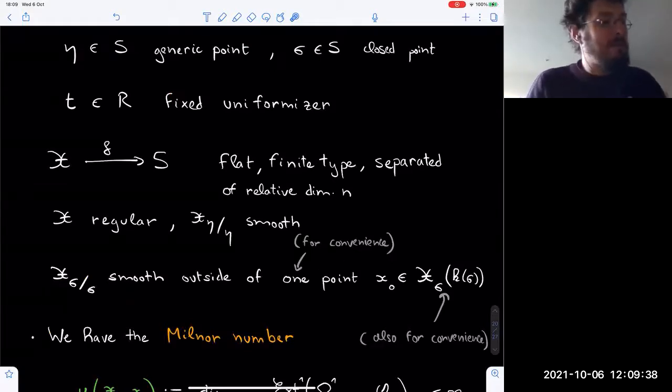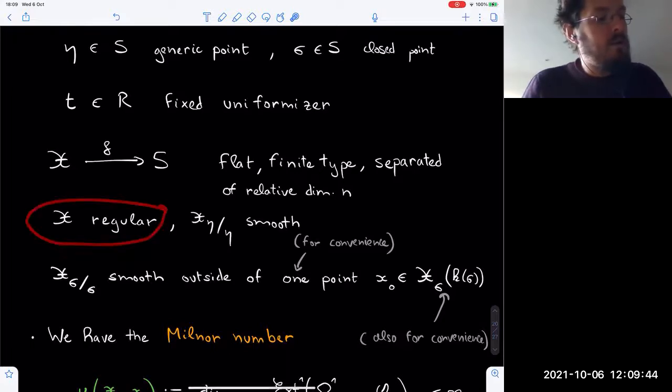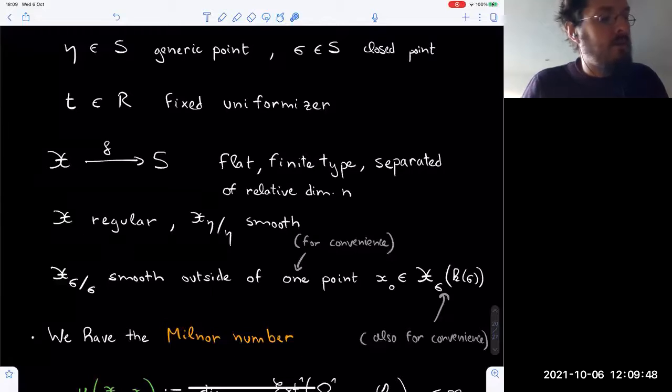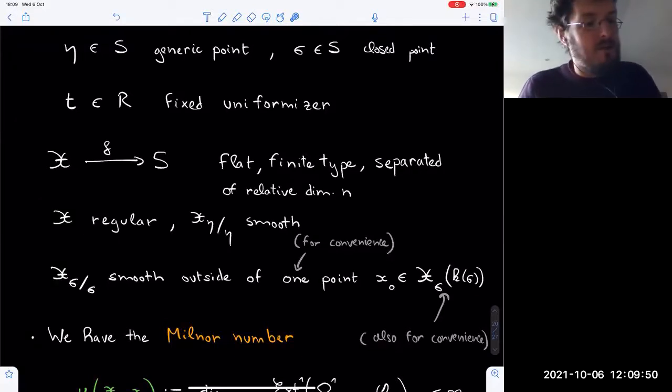So the minimal amount of singularity you can have in this situation is that the total space is regular, the generic fiber is smooth, and then the special fiber is smooth outside of one point, which is also a rational point. Here this one point and the fact that it's a rational point are just for simplicity. You can write statements which work for finitely many isolated singularities which are not necessarily rational.